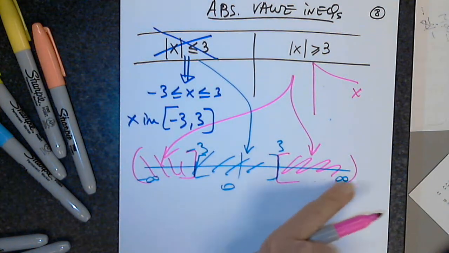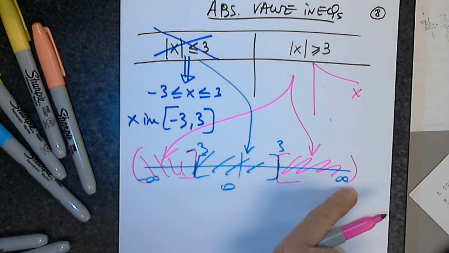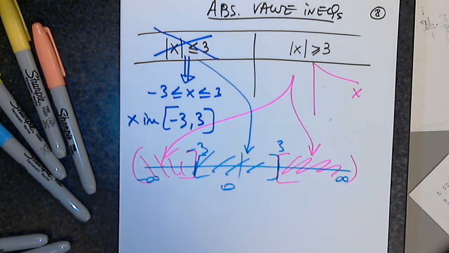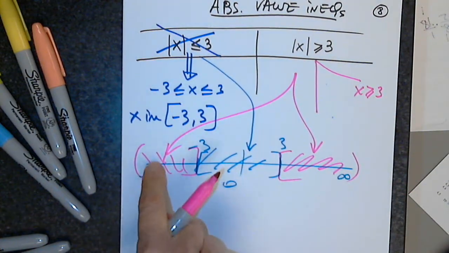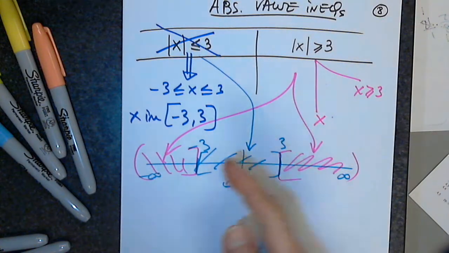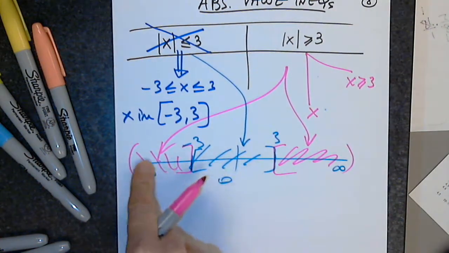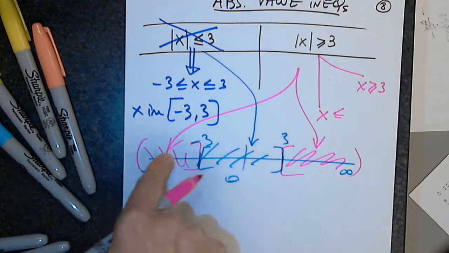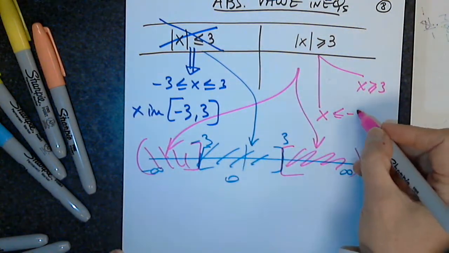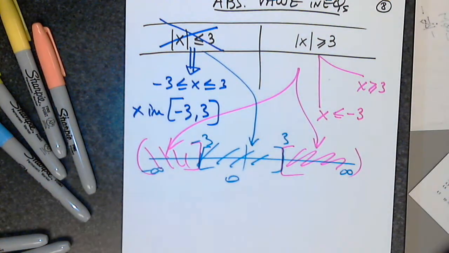X inequality. You're right. Greater than or equal to 3. And the other inequality has to represent this. X. No. Less than or equal to 3 will include the blue. Yes.